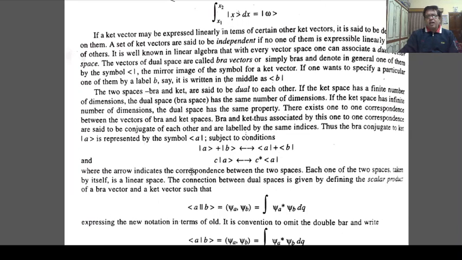Where the arrows indicate the correspondence between the two spaces. Each one of the two spaces taken by itself is a linear space.